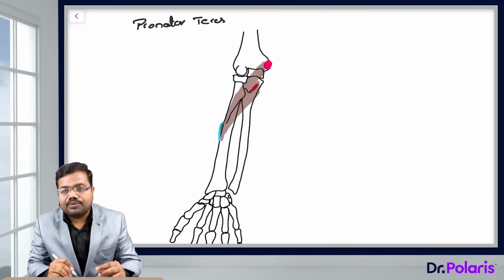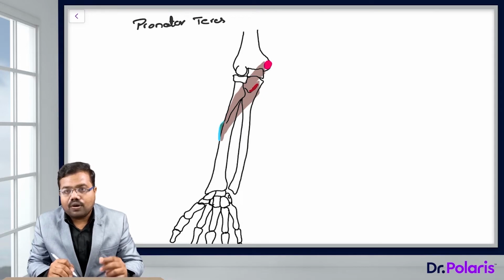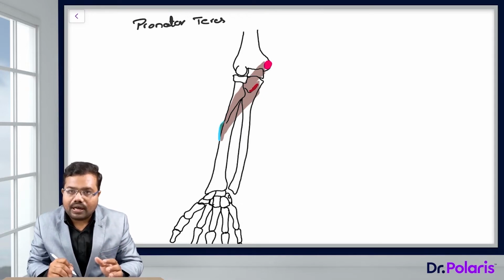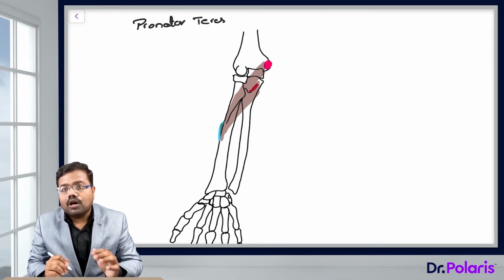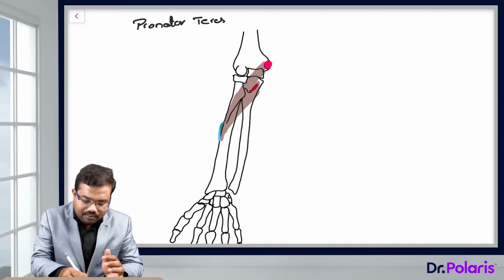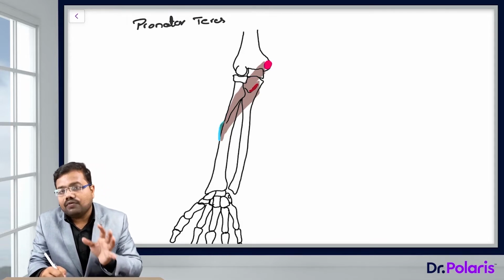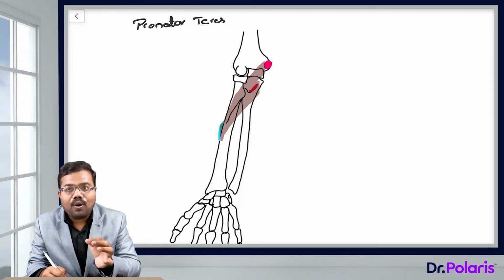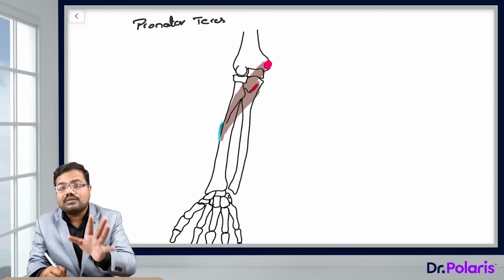So there are two slips of origin. There is a gap between these two, and through that gap one important nerve passes, called the median nerve.